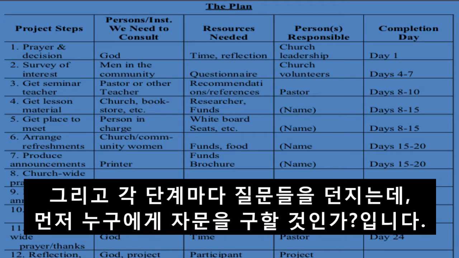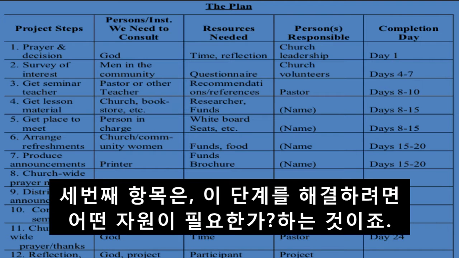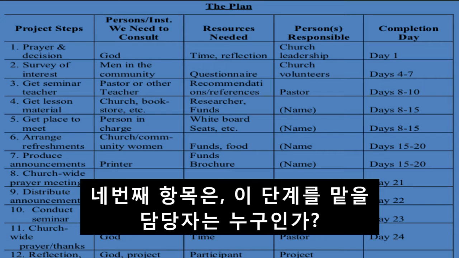And then for that step, you ask the question, who do we need to consult? And the third column is, what resources do we need in order to be able to fulfill that step? And fourth, we say, who's the person responsible for that particular step?